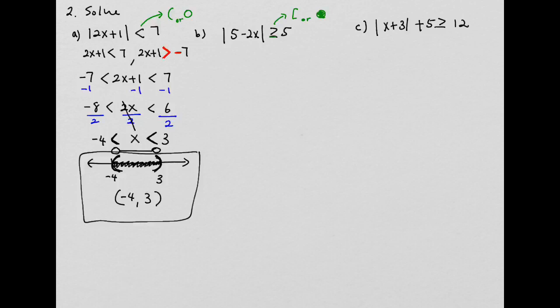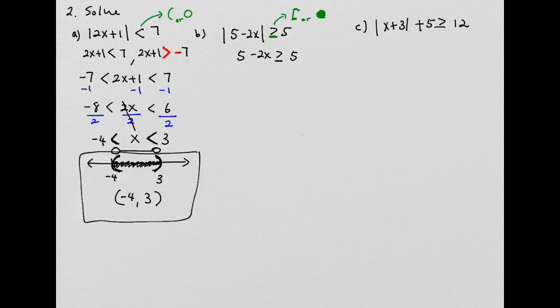Whenever you have an equal sign, you use the bracket or closed circle. And what I notice is that I only have the absolute value, nothing else attached. So I can take out the absolute value, and the one with the positive 5 will stay the same.